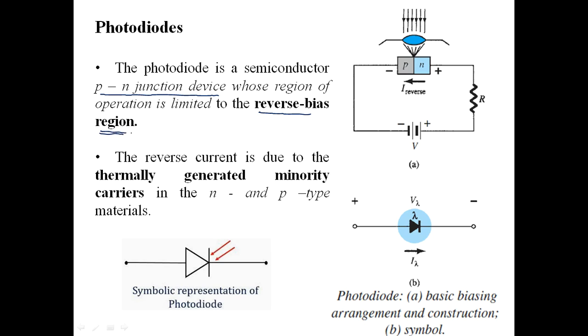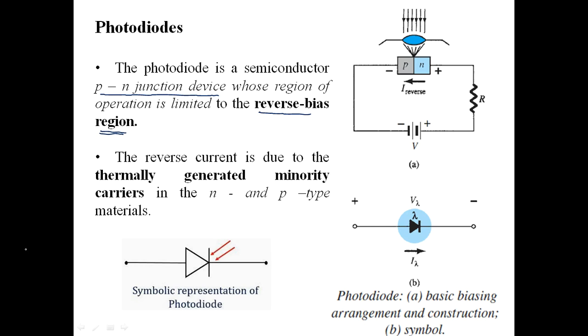For a photodiode we are not using the forward bias region. Although in principle, to some extent the forward bias region can be used, practically for more efficiency we usually go for the reverse bias region. I'll tell you why.